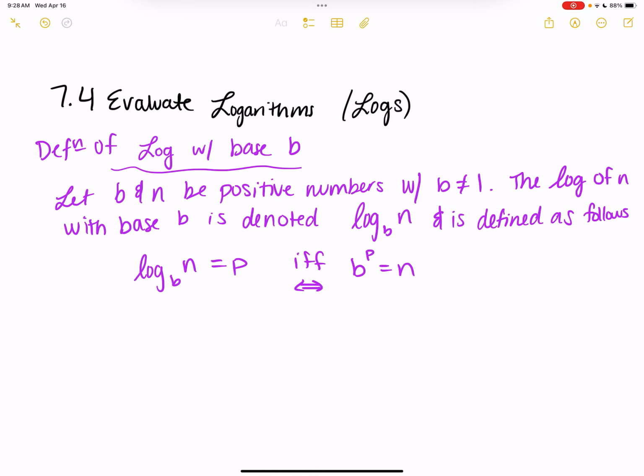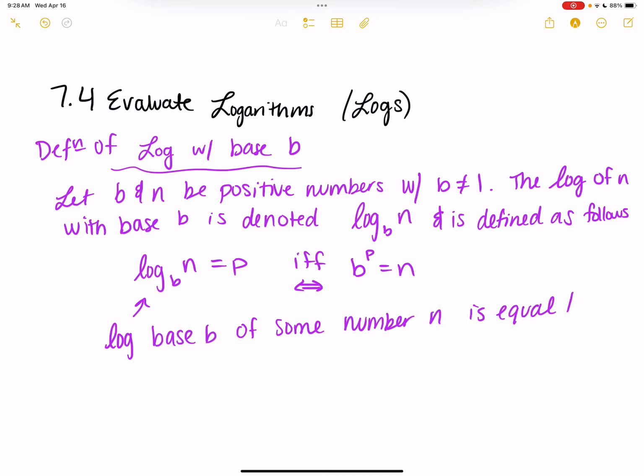All right, so this first one here is said as log base b of some number n is equal to some power p. And you're probably like, p does not appear to be a power.